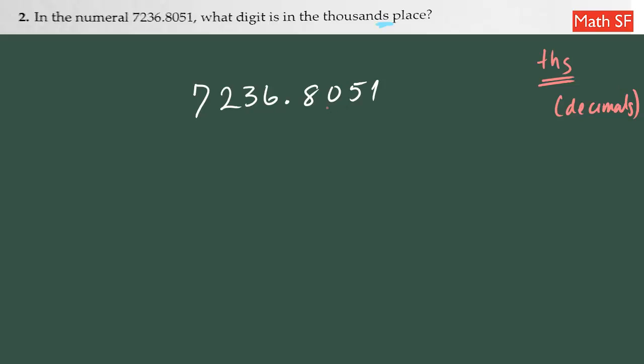In this case we're not looking at this part because they're only asking for the thousands place. So this is the ones place, this is the tens place, this is the hundreds place, and this is the thousands place. Therefore, the digit that lies in the thousands place will be 7.